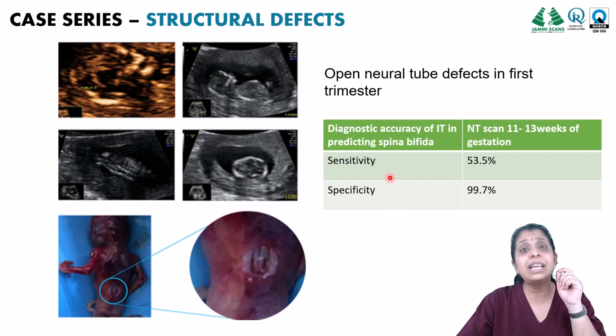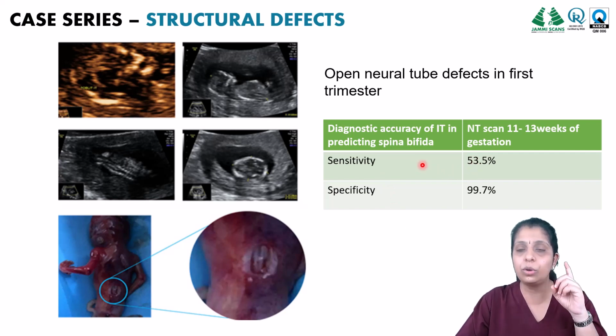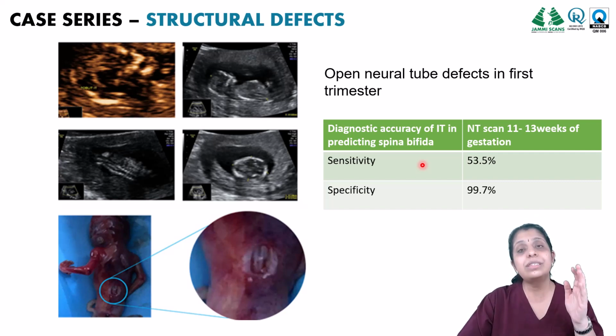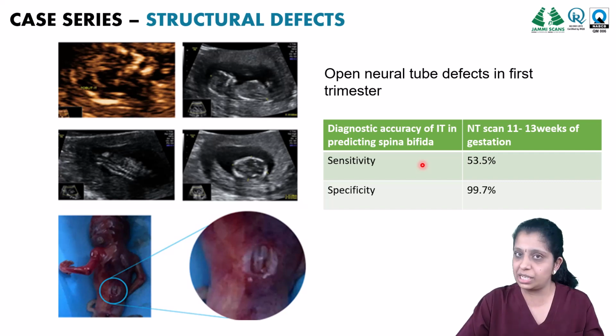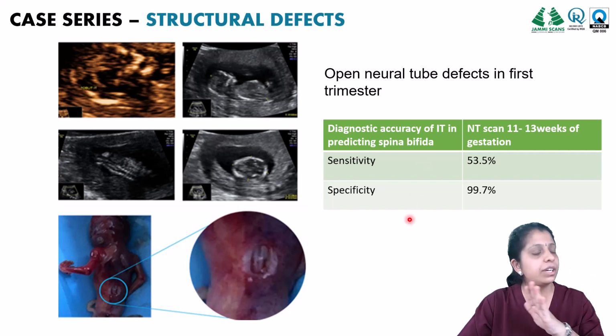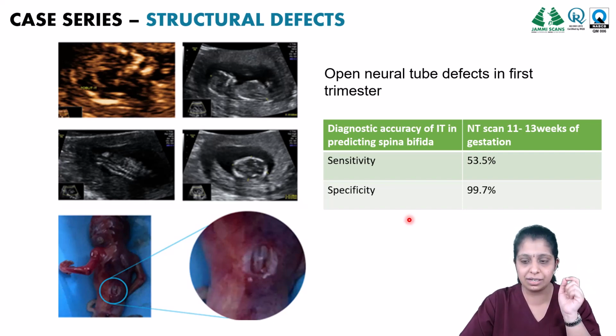No. Close to 50 to 53% of the time you might miss an ONTD even though it is present in the fetus. Those fetuses you will probably see at 18 or 19 or 20 weeks. So if you see an absent IT along with a spinal defect, you are almost 99.7% sure that it is an ONTD.